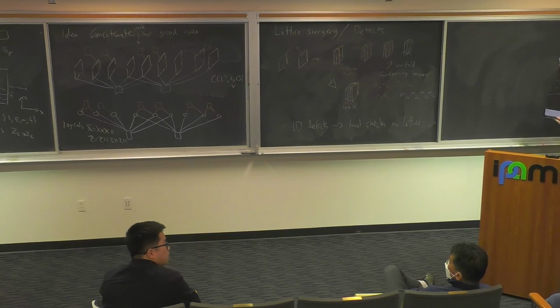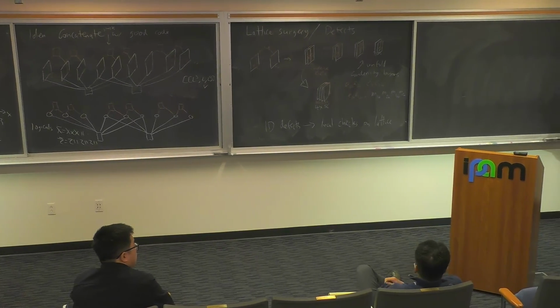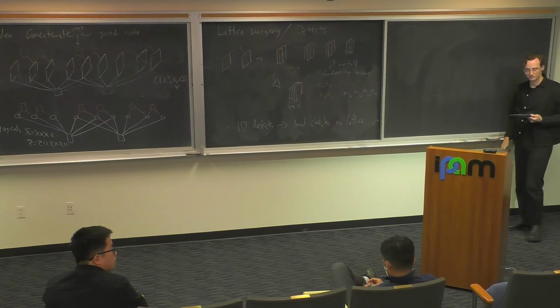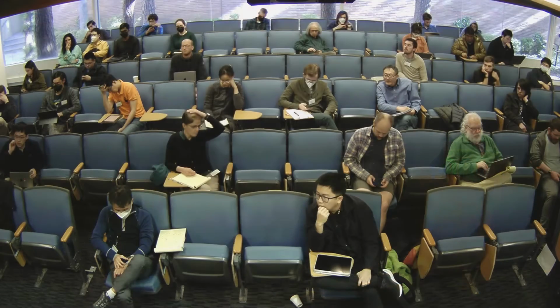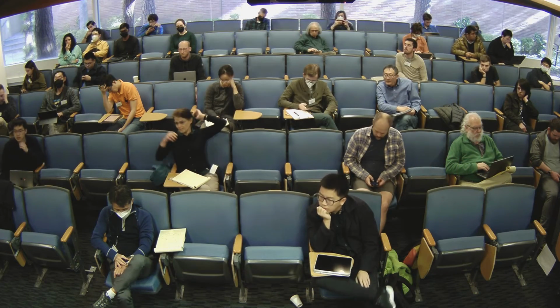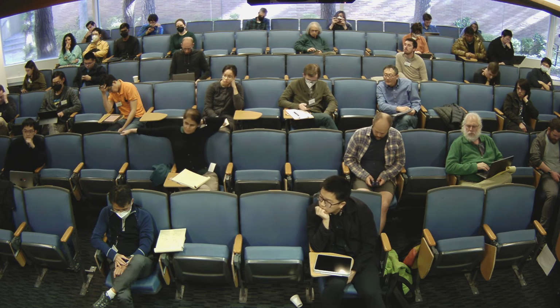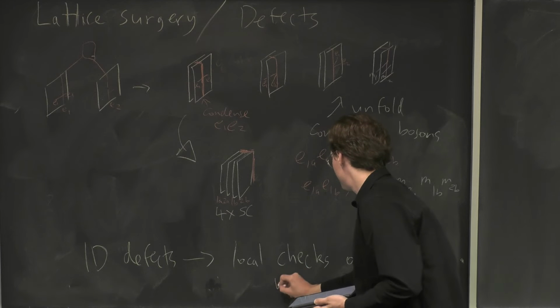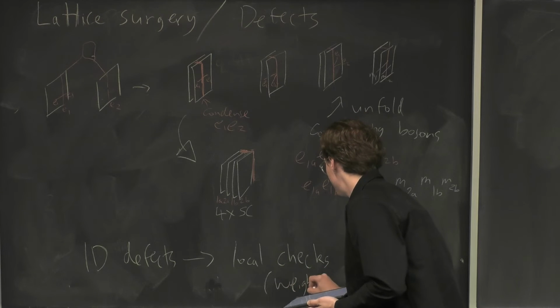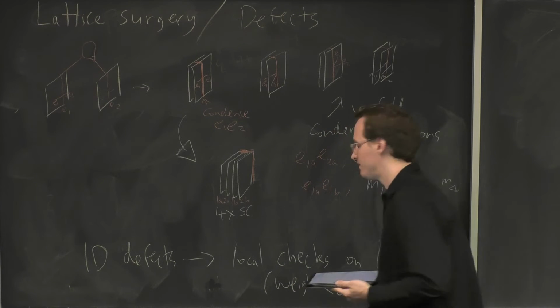I have a quick question about this defect to local check prescription. When one applies that, how do the check weights behave locally? Yeah, it depends on the model, but we're doing surface code. They end up being weight 6 or less. Local checks, weight less than or equal to 6.